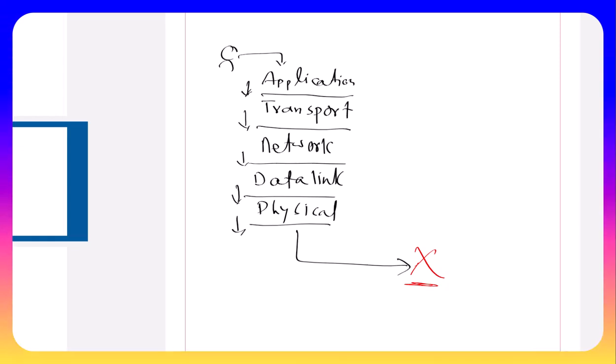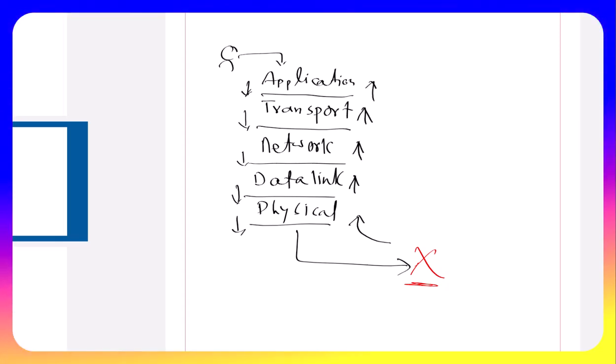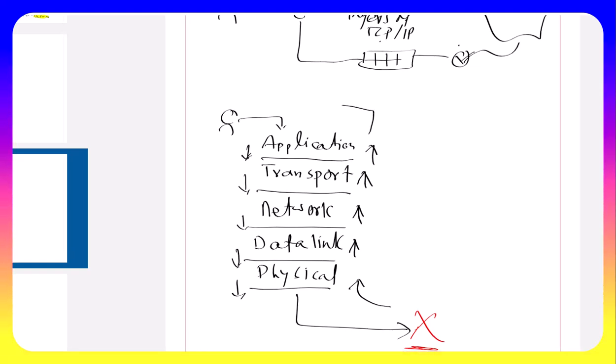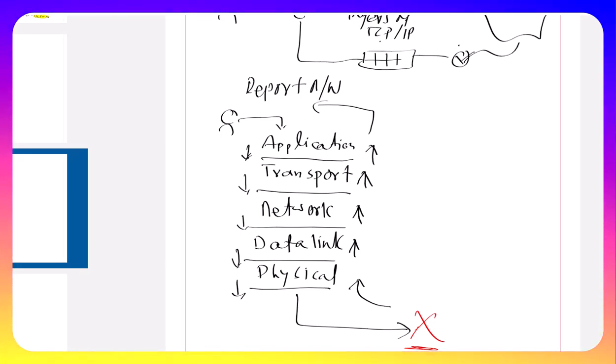Now what will happen? The system will communicate with itself back to report the network issue, like there is no internet connection, or any other issue report.